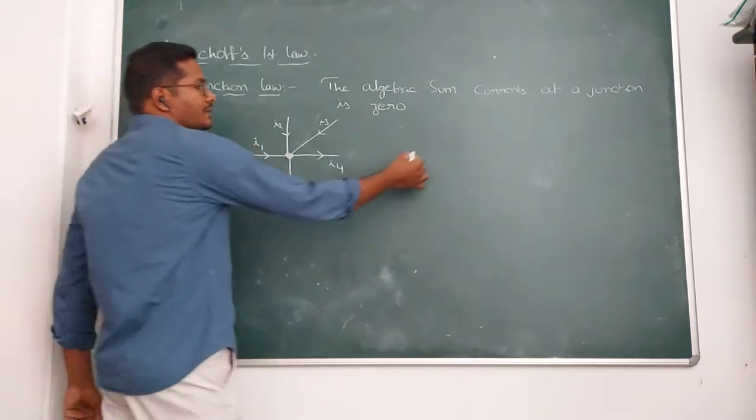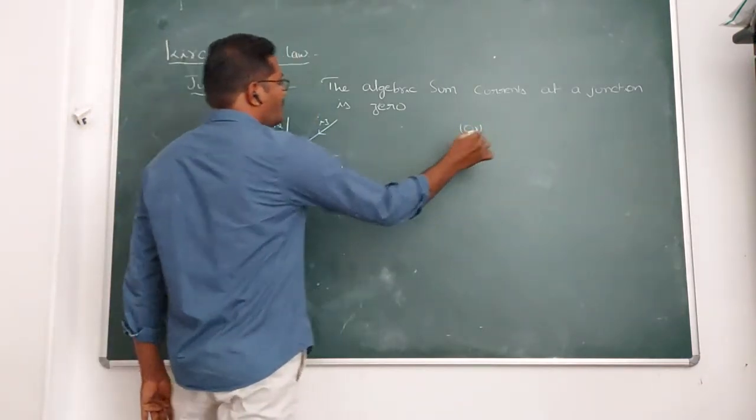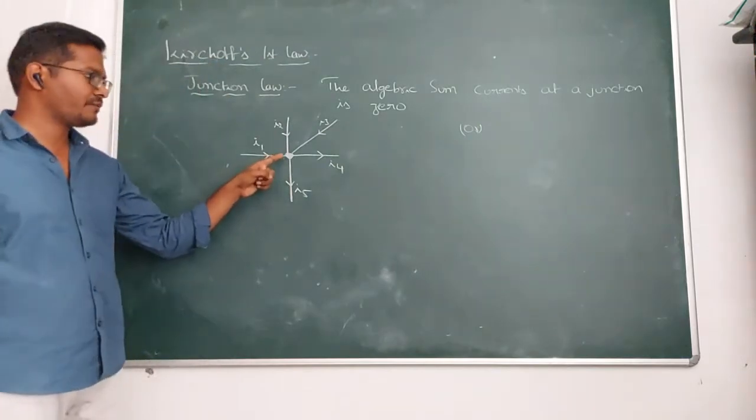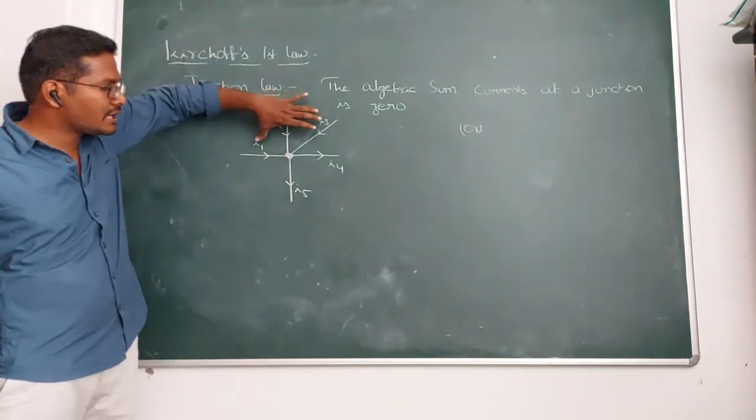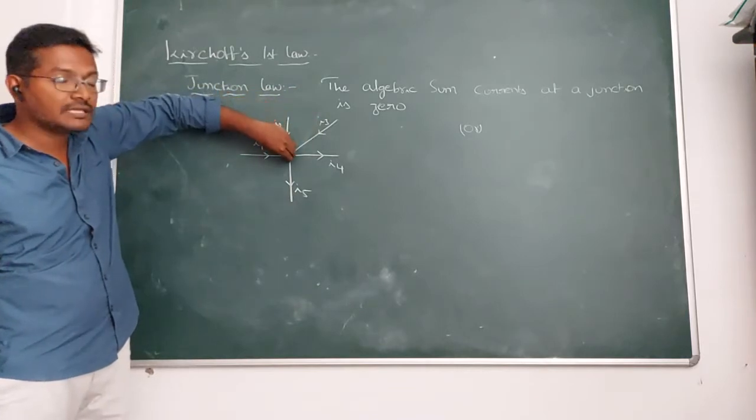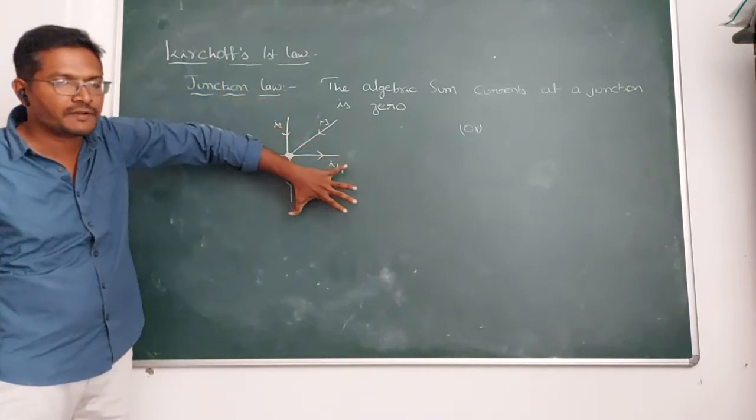Or you can write another statement: since no charge is stored here, whatever charges are coming to a junction, the same number of charges leave the junction.